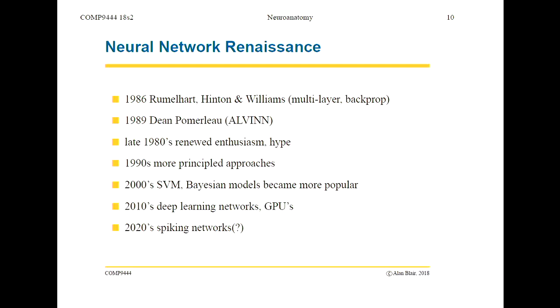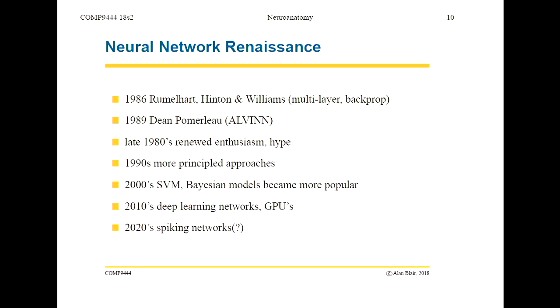And then in the 1990s, you had more principled approaches. For a while, neural networks themselves sort of fell out of popularity a little bit, and there was more interest in things like support vector machines and Bayesian models.